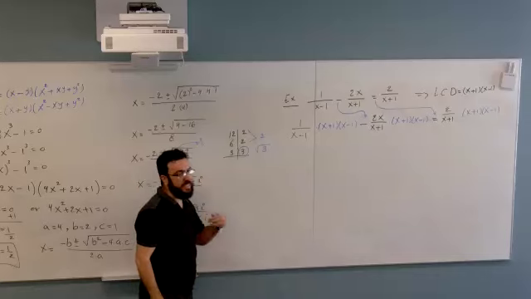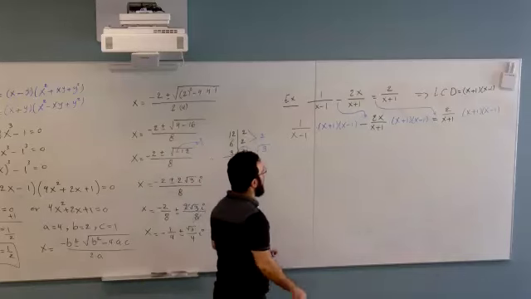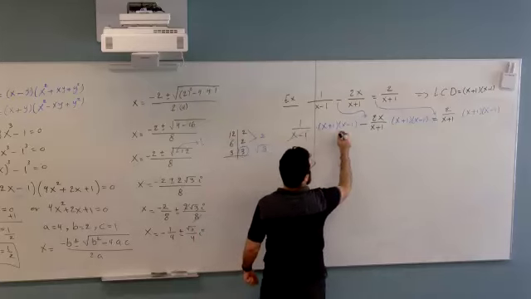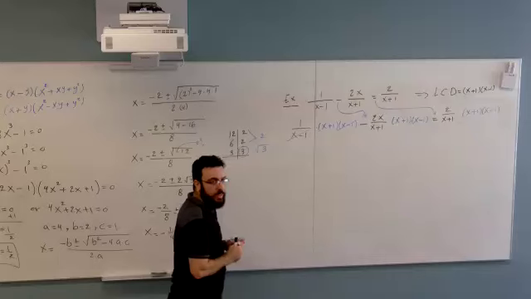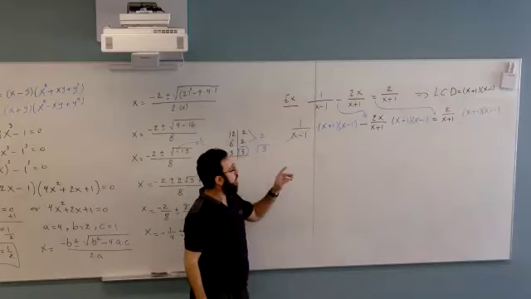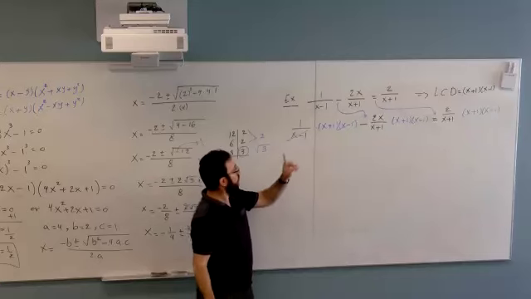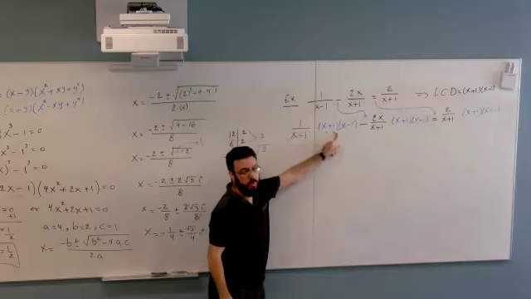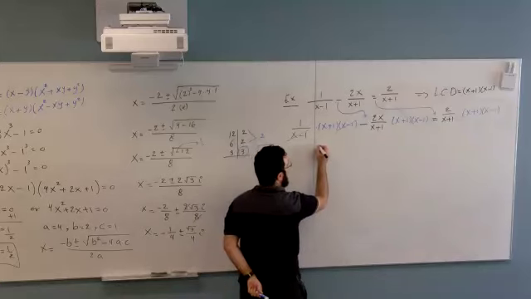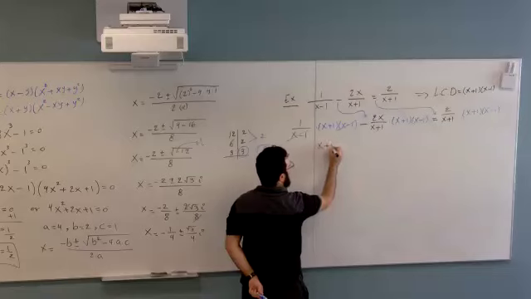Now let's see what's the purpose of doing that. If you look here, can I cancel this one with this one? What's the left from this part? 1 times x plus 1. 1 times any number is itself, so the left from this one is just x plus 1.